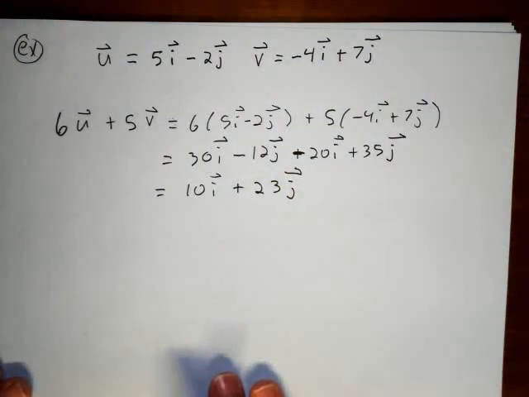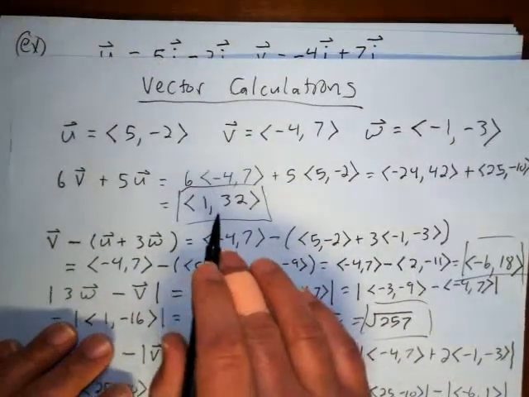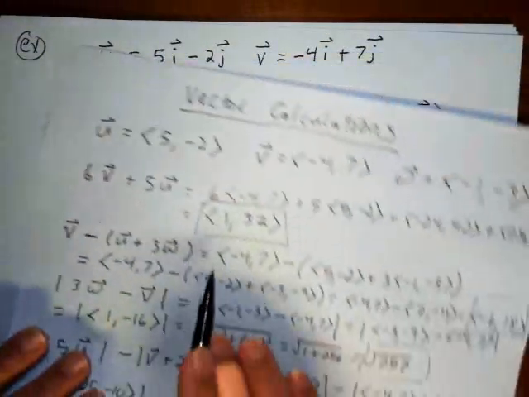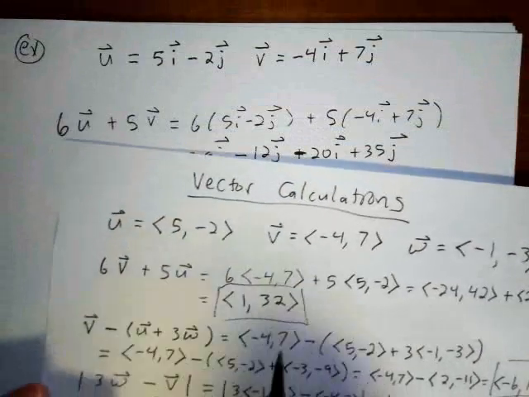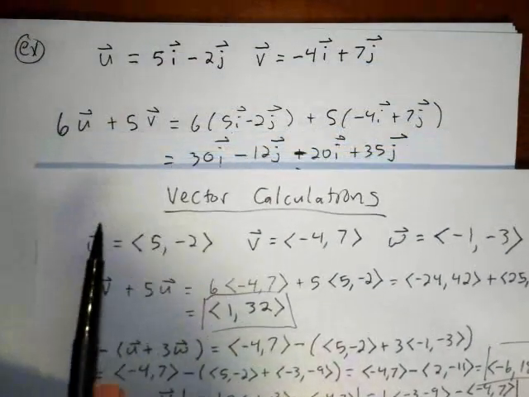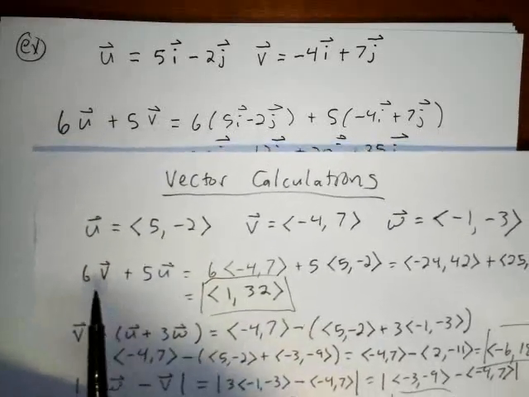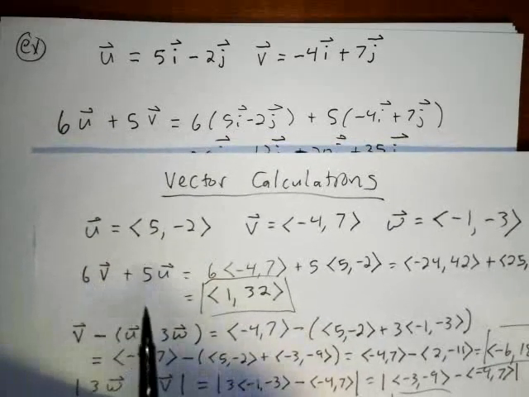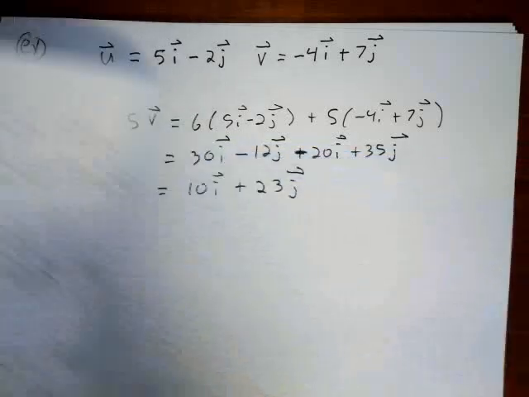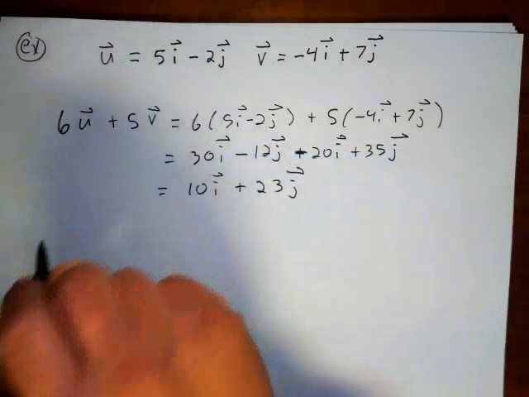I was going to show you that you would get the same thing here, except in this form instead of component form. And I can see what we did wrong now: I did 6u plus 5v, but this one here is 6v plus 5u. So let's do that.